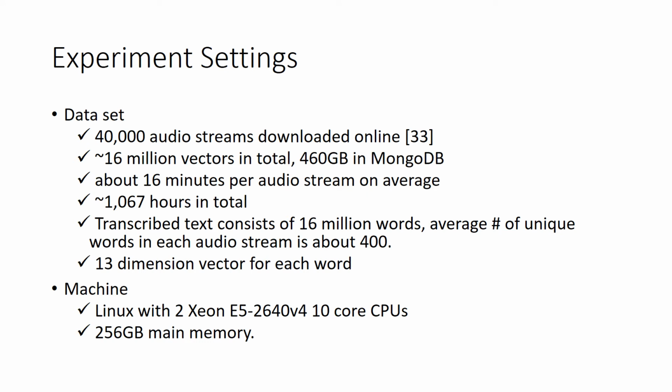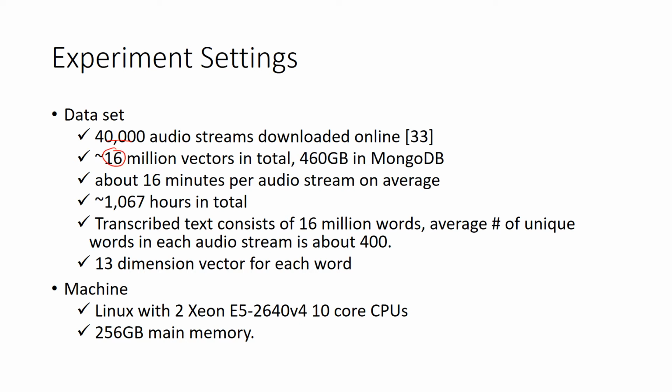Experiments to evaluate the performance of our proposed index. We use a relatively large dataset which contains 40,000 audio streams downloaded online. And then we convert the audio streams to vectors.